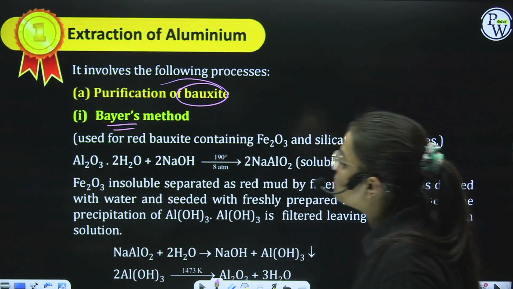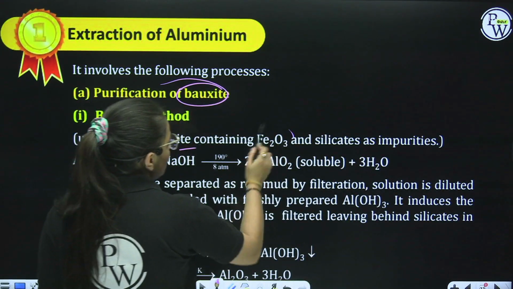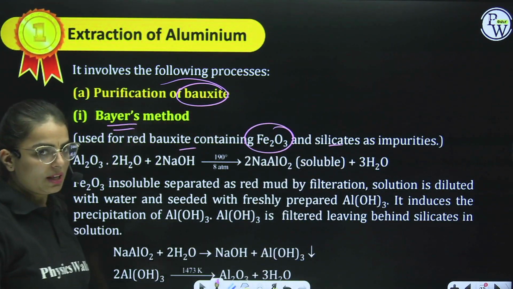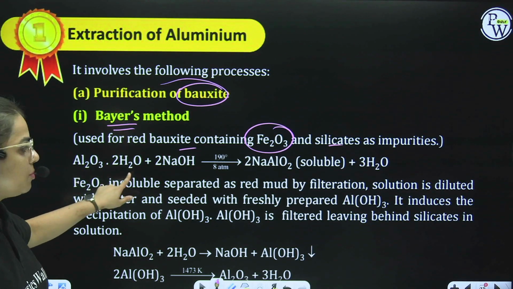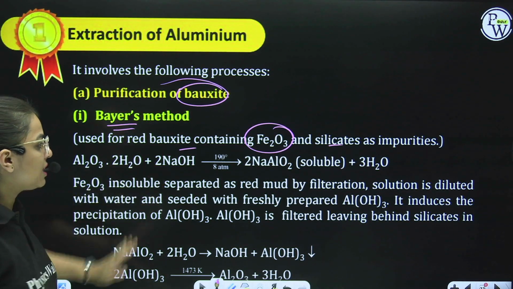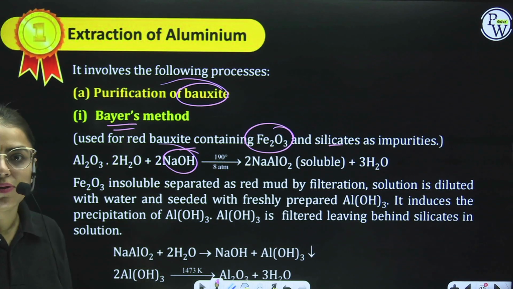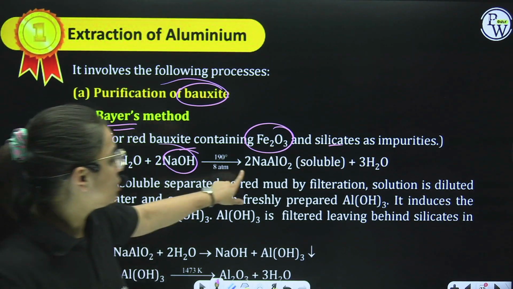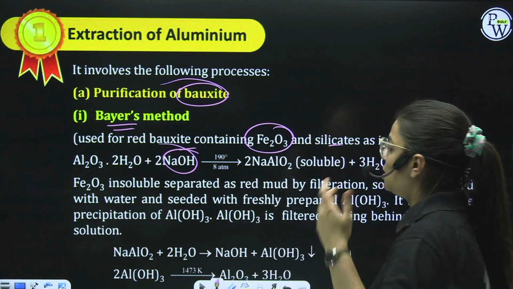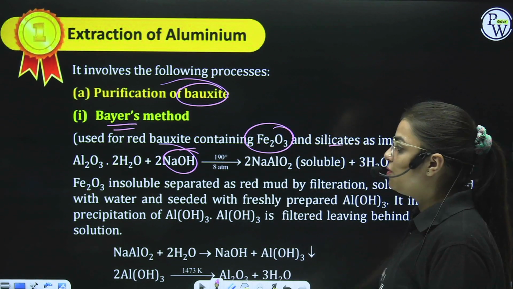Now see, Bayer's method is used for red bauxite, which contains Fe2O3 and silicates as impurities, right? So the red bauxite you will react with NaOH. In the previous case also I told you to react with NaOH. You will get a soluble portion in water. Fe2O3 is insoluble.